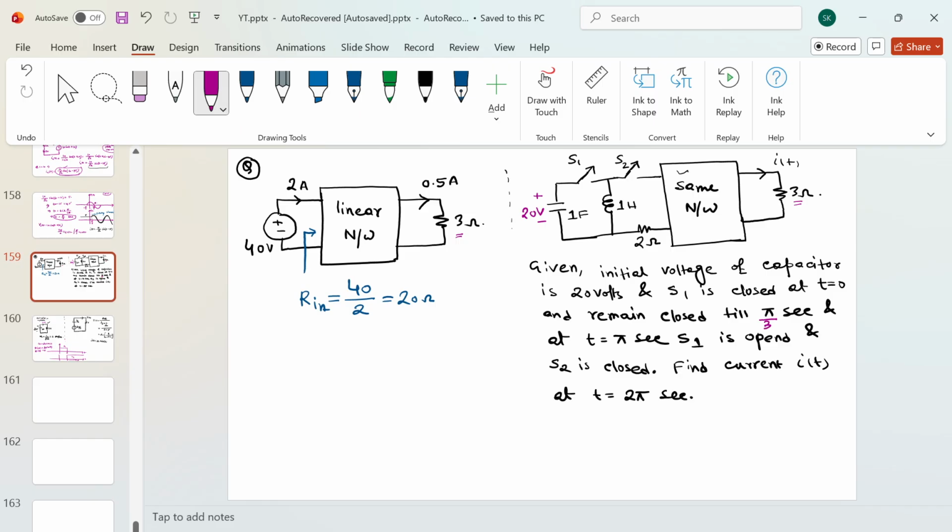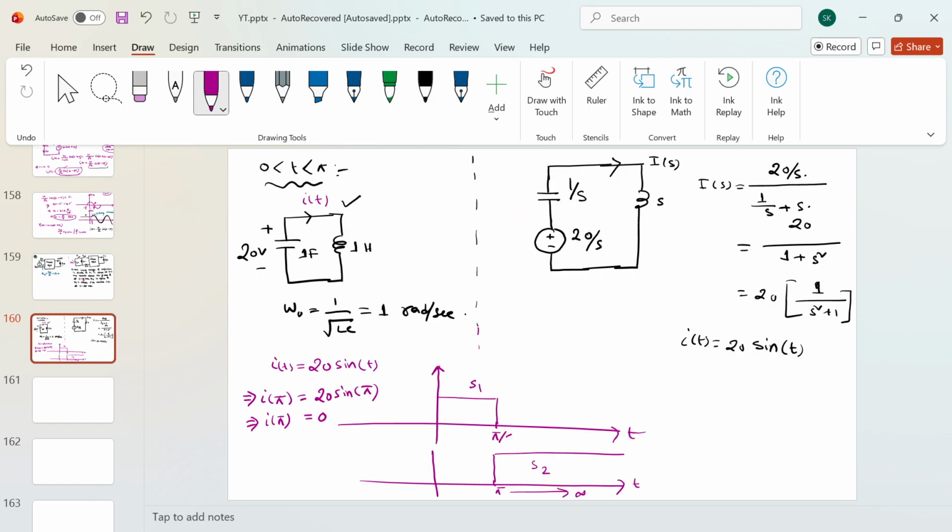Let's say this instant is pi by 3, and this is also pi by 3. So what is happening? The initial voltage of the capacitor is 20 volt, and S1 is closed at t equal to 0 and remains closed till pi by 3 seconds. Now I am performing the switching action at t equal to pi by 3. So if you put pi by 3 here, what you will get?